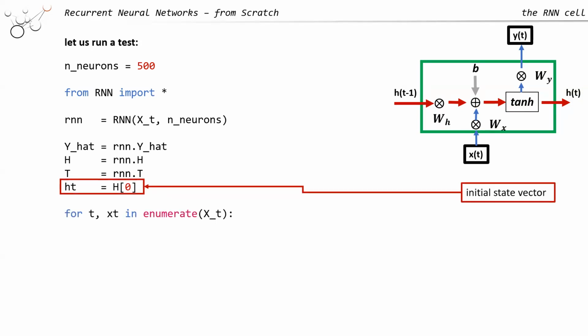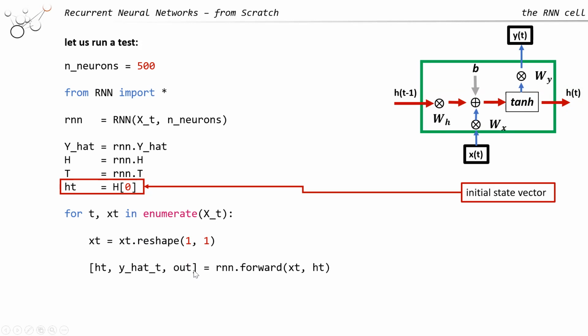And now we want to apply our cell, which is the forward part now, recursively. So what happens now is that we just take xt and put it into our forward part together with the ht.